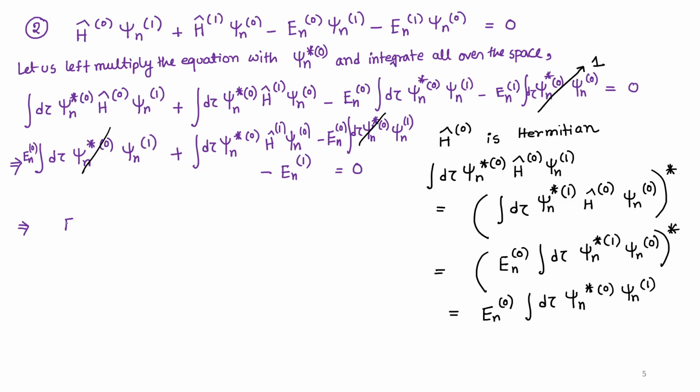I'll take En to the other side of the equation and that leads to d tau psi n star 0th, your perturbation, psi n 0. This thing we can also write in bracket notation, n 0th, your perturbation, n 0th.